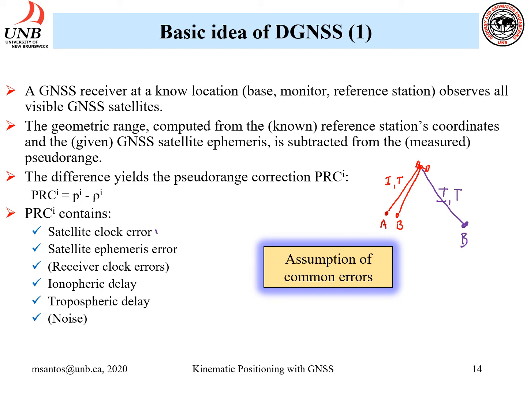So even though the satellite errors would be common, we can think of the ionospheric and tropospheric delays as common only if the base station and the rover are close by.